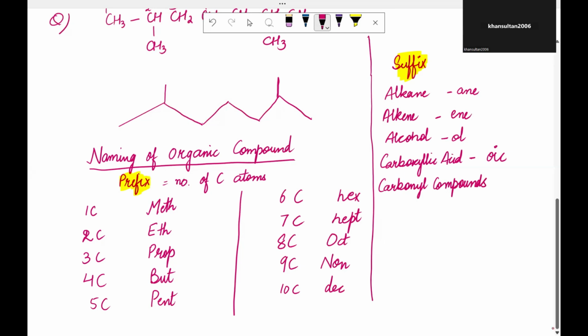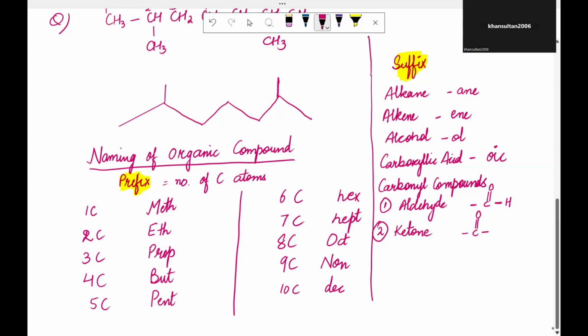okay, these carbonyl compounds, basically we have two carbonyl compounds. The one is aldehyde and the other one is ketone. The functional group of aldehyde is C double bond O dash H. And the functional group of ketone is C double bond O. There is basically carbon on its both ends.